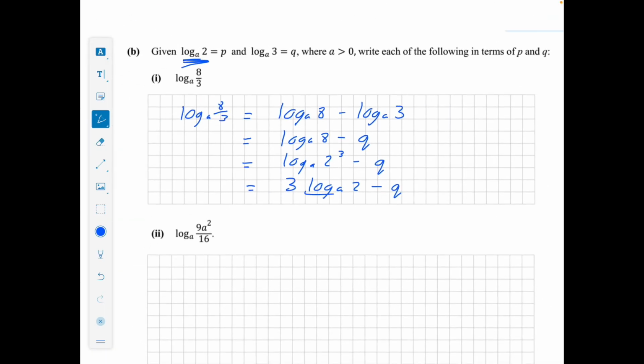So we're left with 3 log to base a of 2 minus q. Now here we have our log to base a of 2, so we are going to replace that with p, so we'll be left with 3p minus q. So that is log to base a of 8/3 written in terms of p and q.